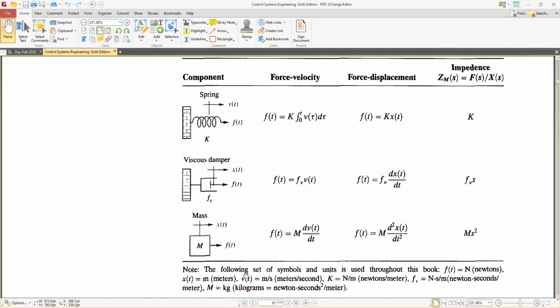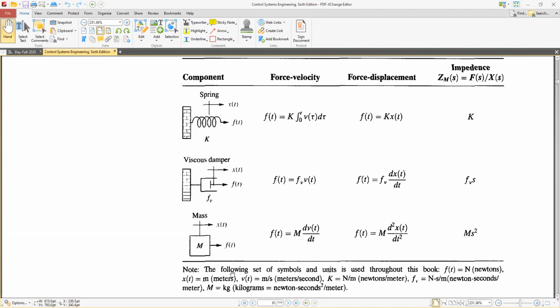The following set of symbols and units is used throughout this book. f(t), force, in Newtons. x(t), distance, in meters. v(t), velocity, in meters per second. K, Newton per meter. Fv, Newton second per meter. M is in kg, or Newton second squared per meter.